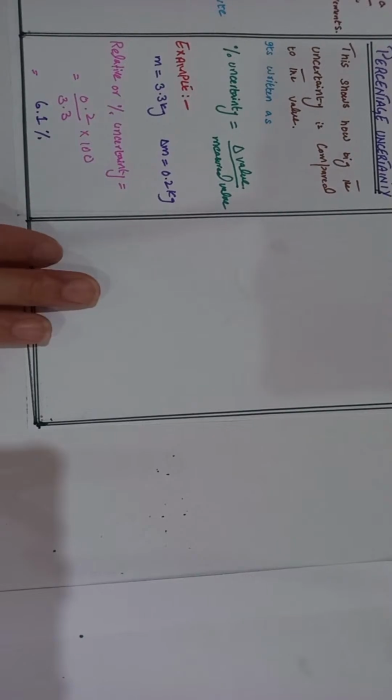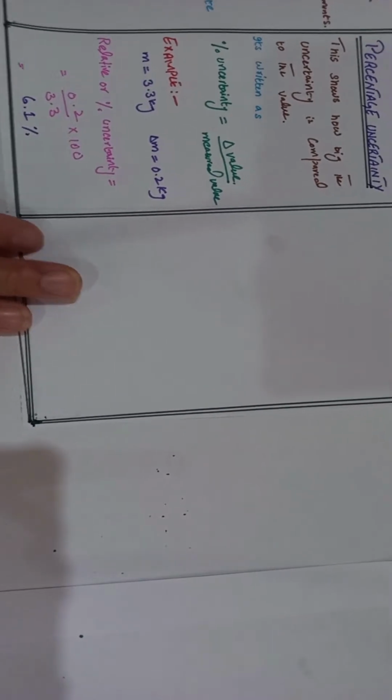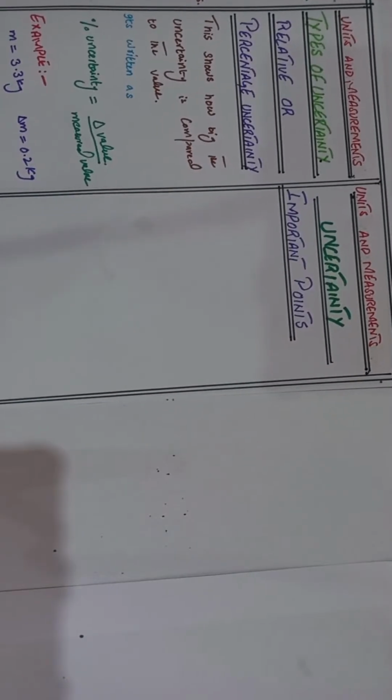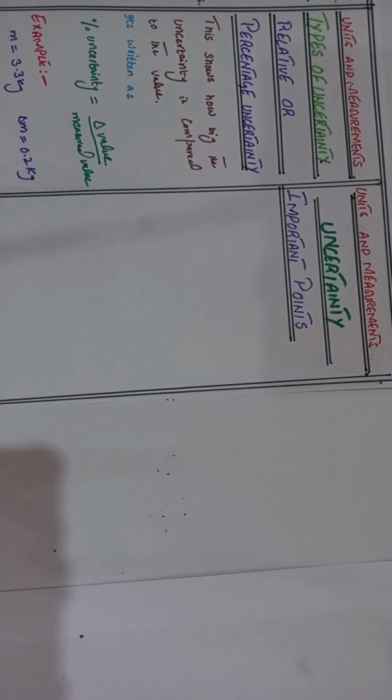That is how we calculate the relative uncertainty, and we understand it with the example.